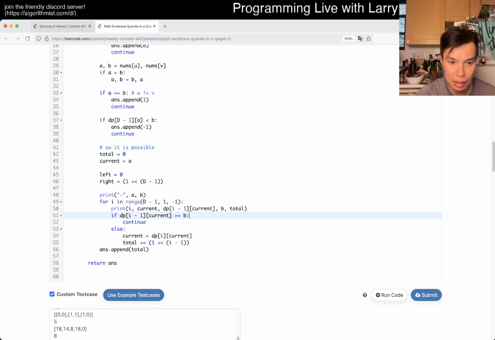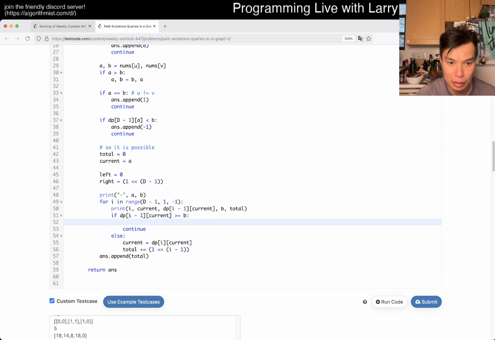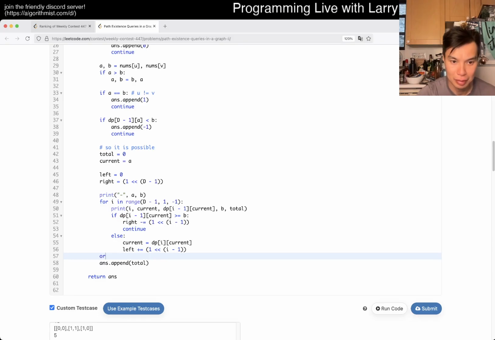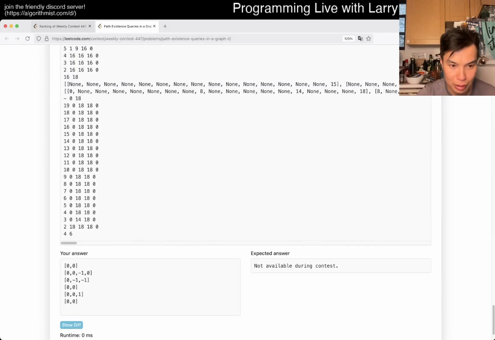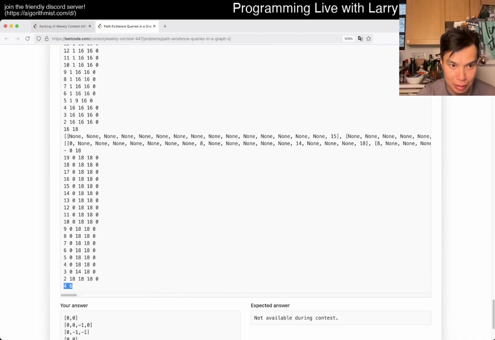So this is the left side. Then now right is equal. We subtract it by right? Here, then left. I don't know, does that even work? In total it's just gonna be 0, but 4 and 6, what does that mean?